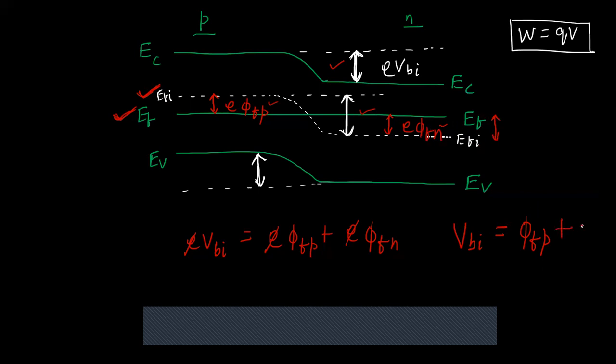In terms of potential only we are writing, so phi Fp for the P region and phi Fn for the N region.